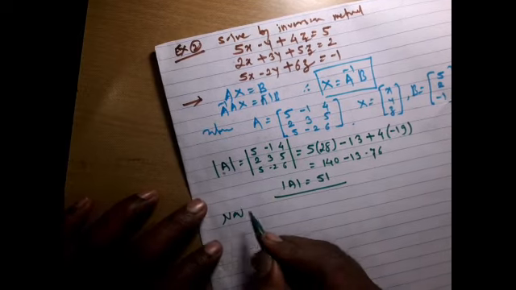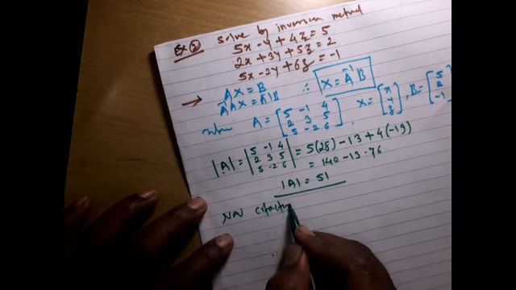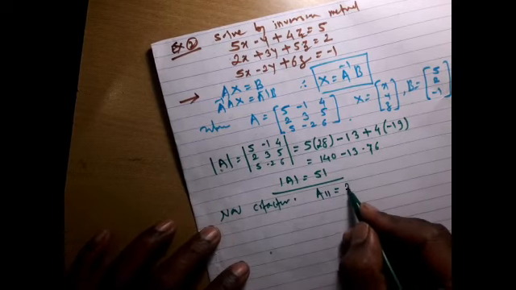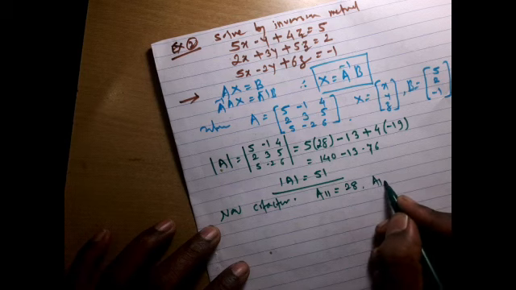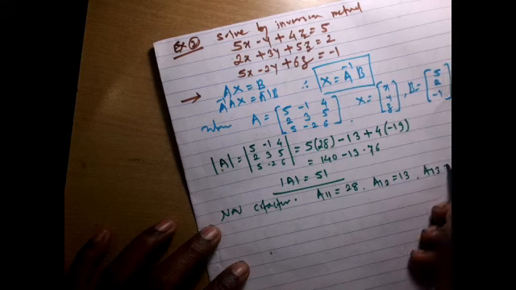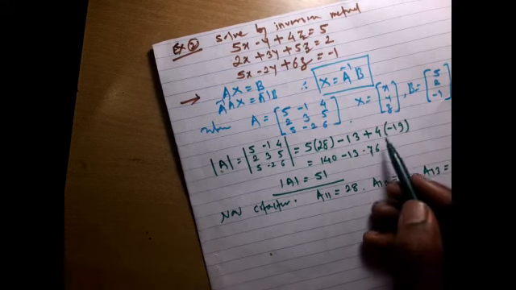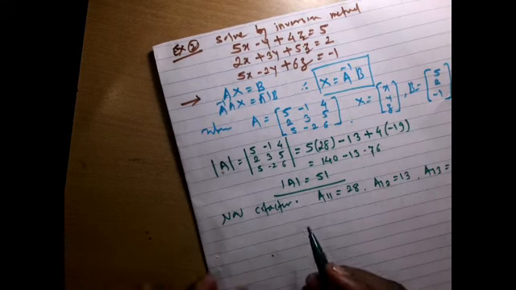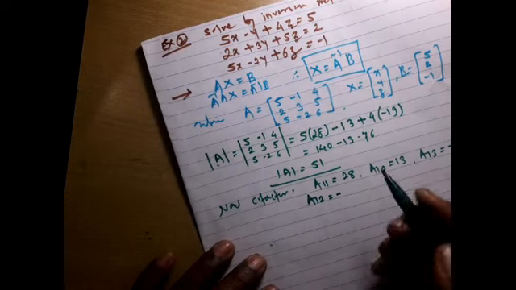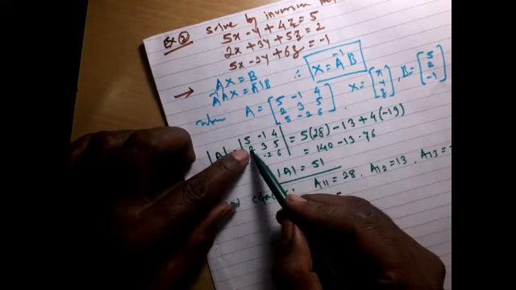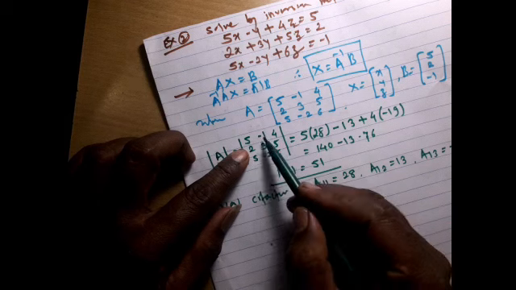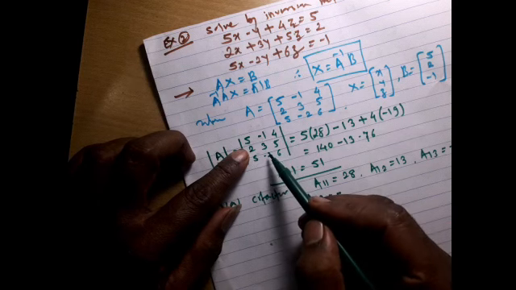Now cofactors. A11 is 28, A12 is 30, and A13 is minus 9. Already it is calculated in this row. A12, minus this element, by deleting this row and first column, you will get minus 6 plus 8.